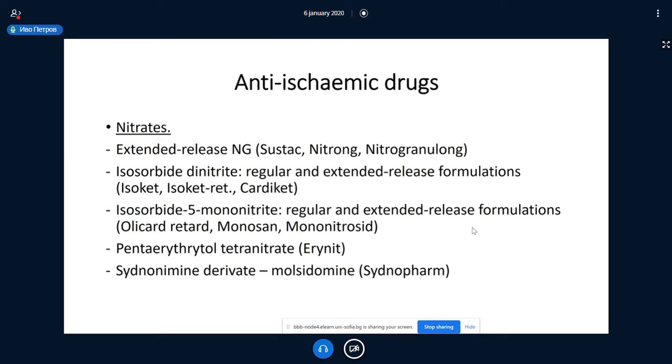The fast-acting nitrates can relieve the symptoms because they act very fast. The bad news is that they have only 20 minutes of action, and after 20 minutes this mechanism is no longer present, and the patient can have pain again.